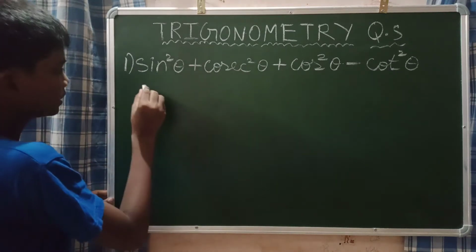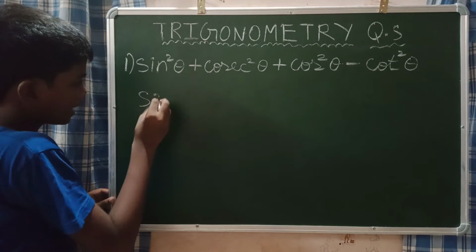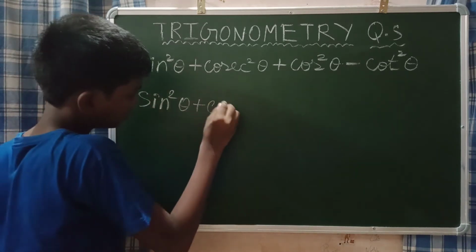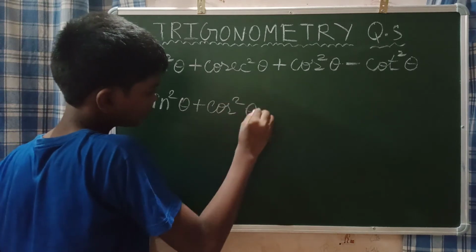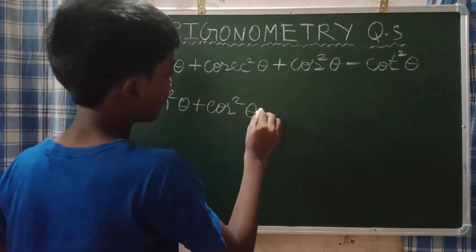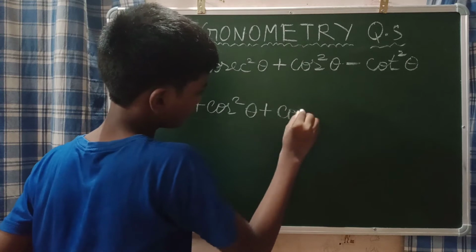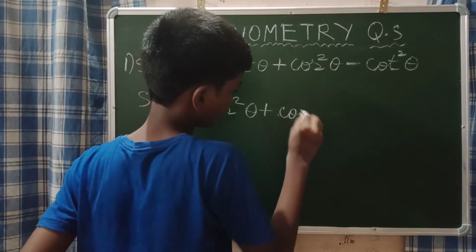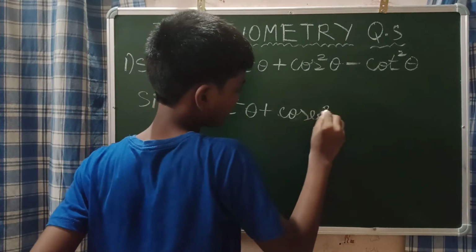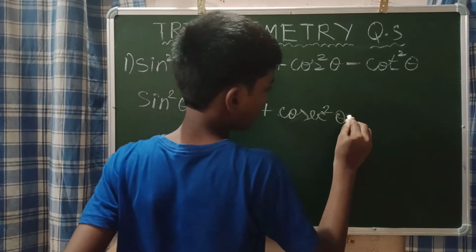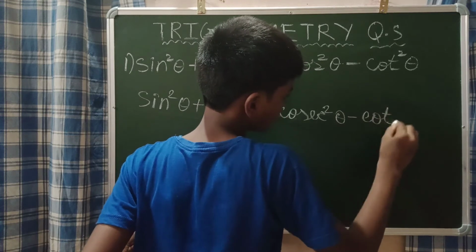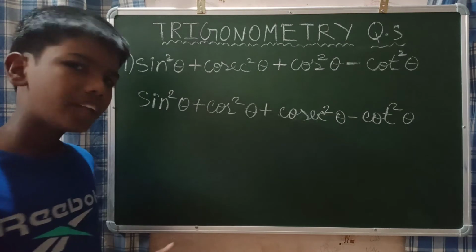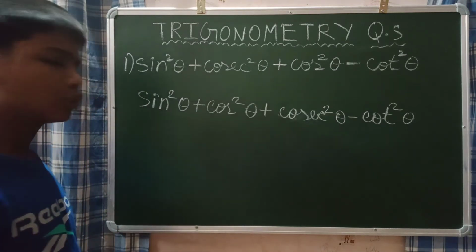That is sin square theta plus cos square theta plus cosecant square theta minus cos square theta.